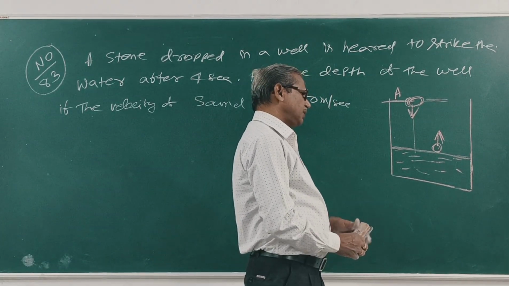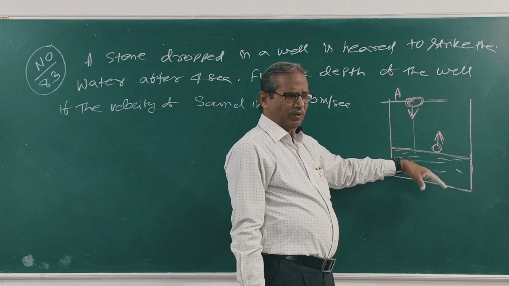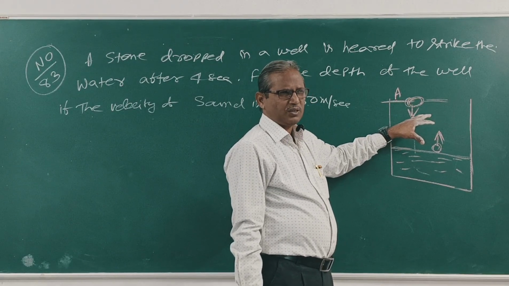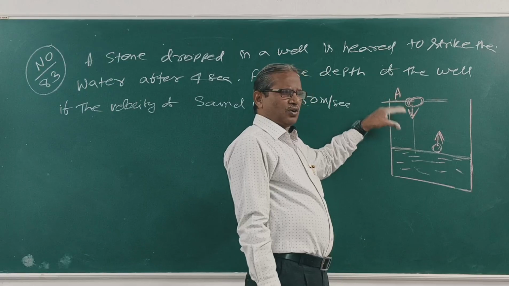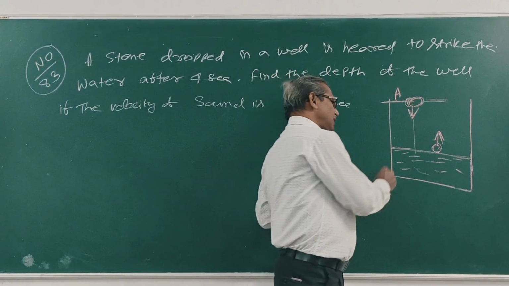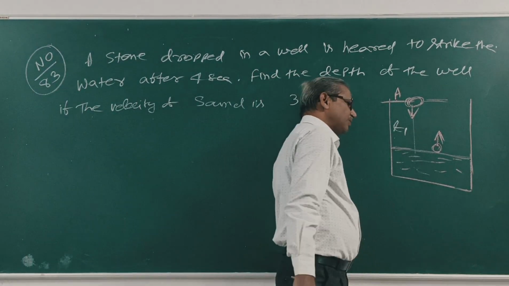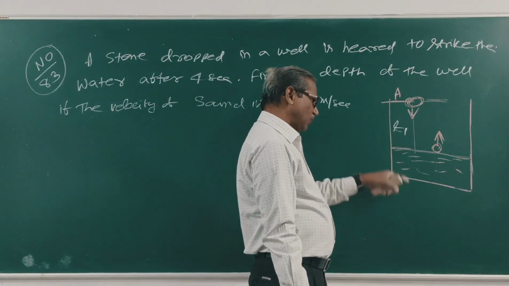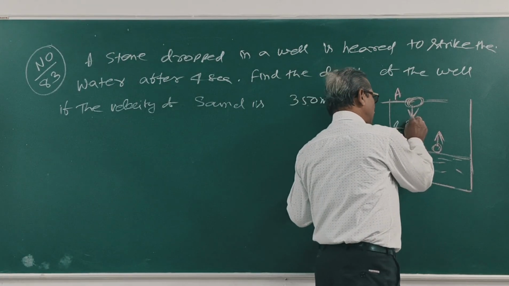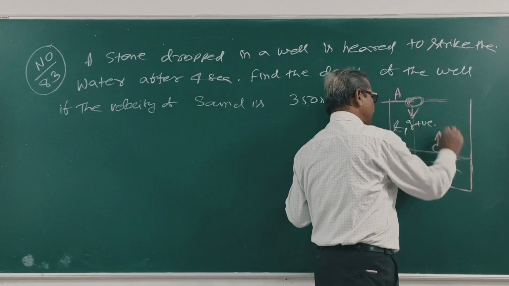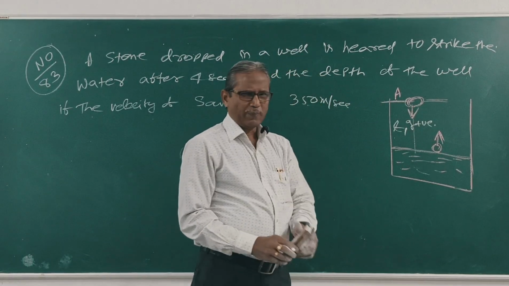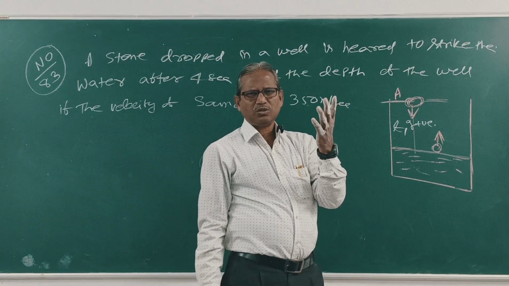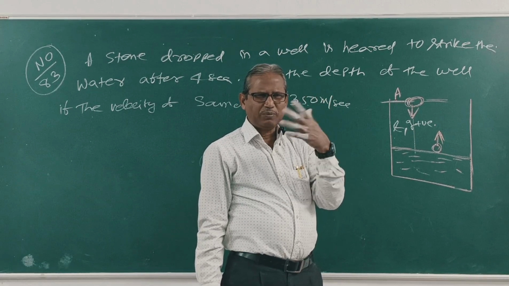This well, this water level, a stone drops from A. So the time taken to reach the water surface is T1. When the body moves downwards, G is positive. Clear? After striking the water, the sound is heard by the man after 4 seconds.